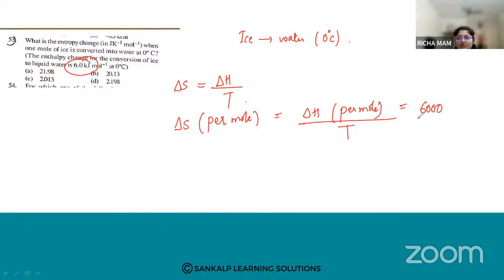So it is 6,000 divided by the temperature. At 0 degrees Celsius, when you convert into Kelvin, it will be 273 Kelvin. So it is 6,000 divided by 273. Find the answer. This is the entropy change.